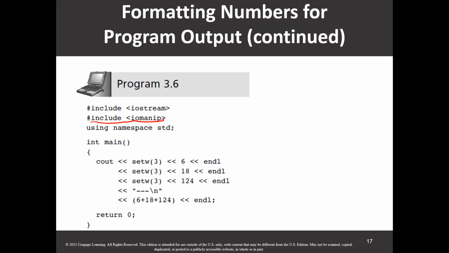Manipulator means something that manipulates or controls things. So iomanip is the header file that we can use in order to set the number of spaces for numbers. When we print the numbers, we select the number of spaces for each number so that it is organized, as I told you before, printed under each other. The main header file we have used so far is iostream, as I said, and all of it is of course in the namespace std.